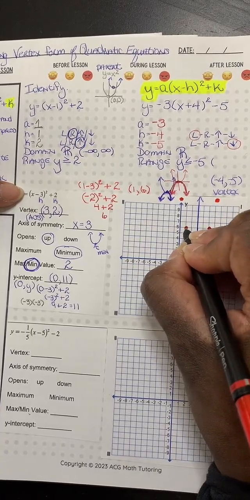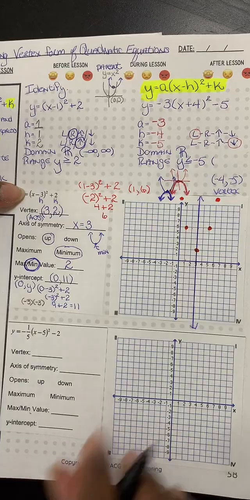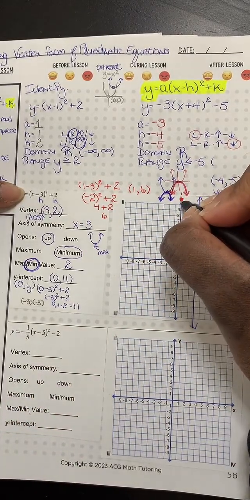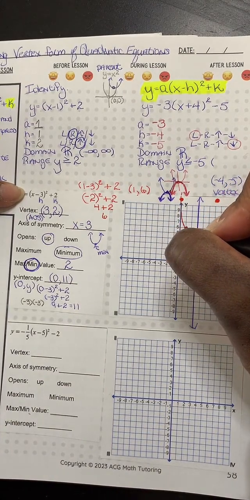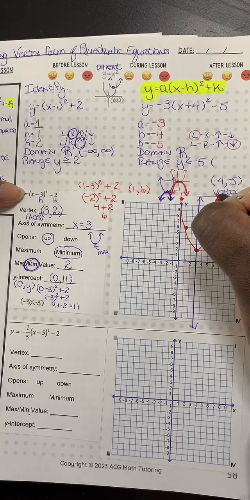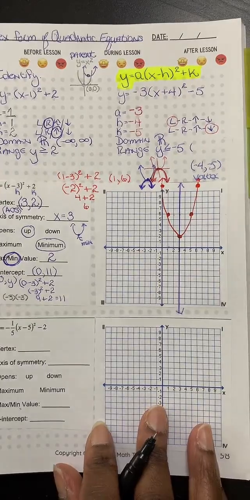I think I said x-axis, I meant axis of symmetry. So then, boom, I have 5 points. And if I want, I'm going to try to draw my parabola.